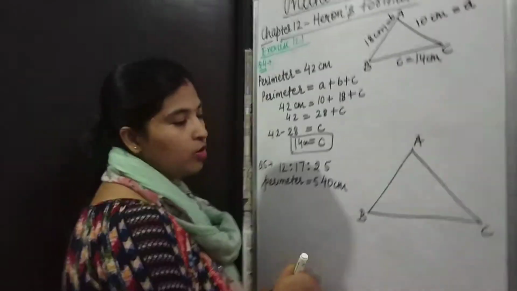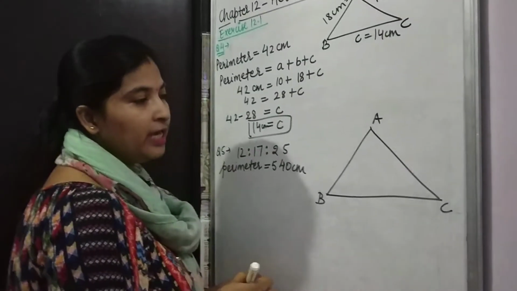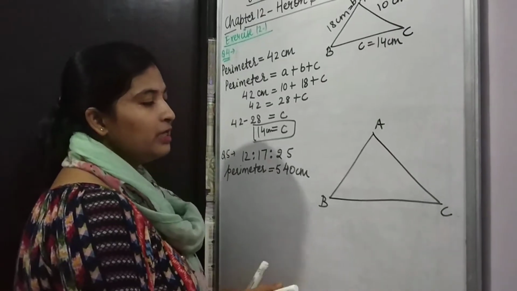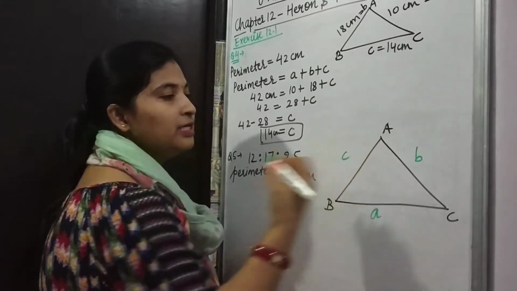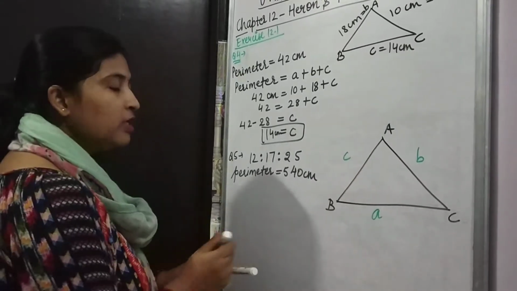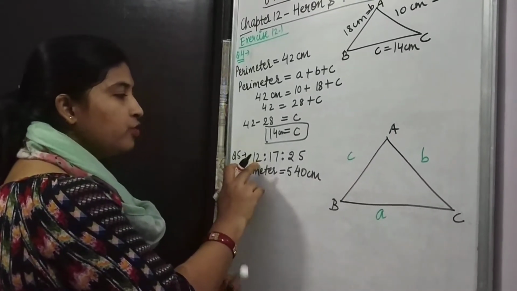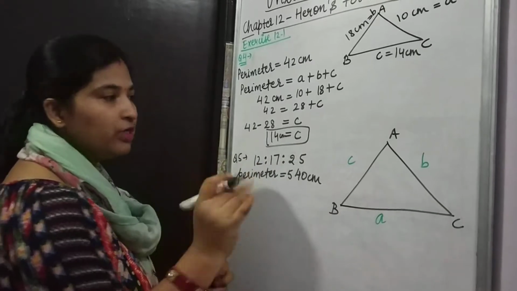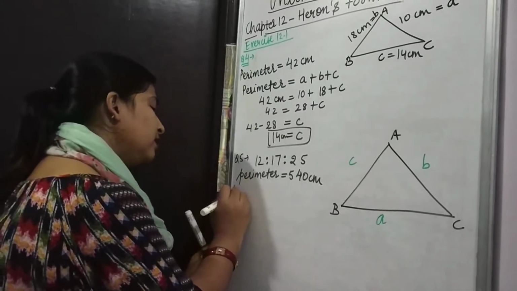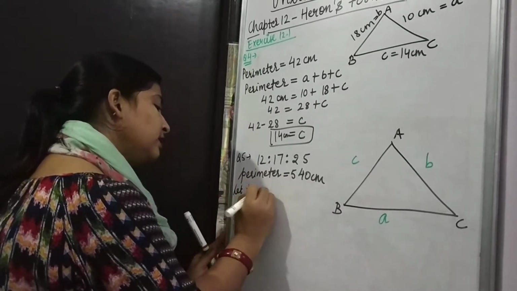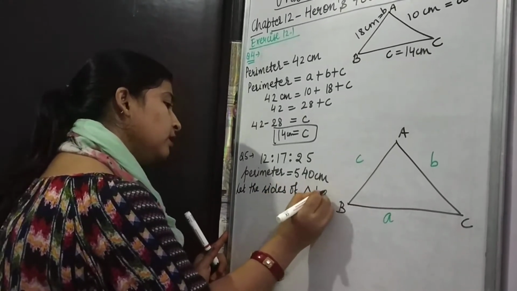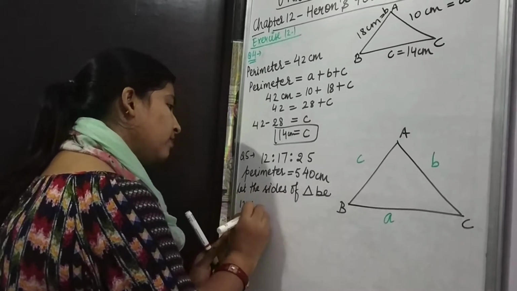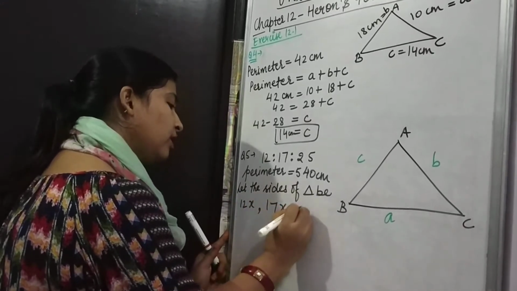I'll assume all the three sides as a, b and c. Let the first side be a, the second side b, the third side c. Now you can see the ratio given to you is 12, 17, 25. So what I will do is let the sides of the triangle be 12x, 17x, 25x.